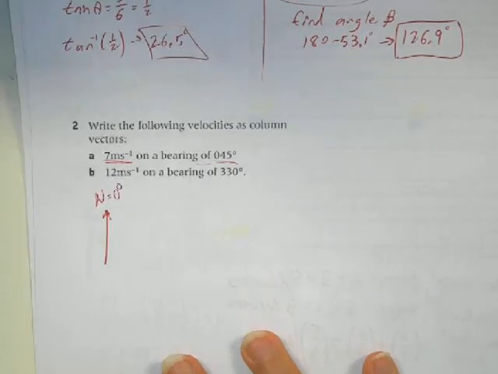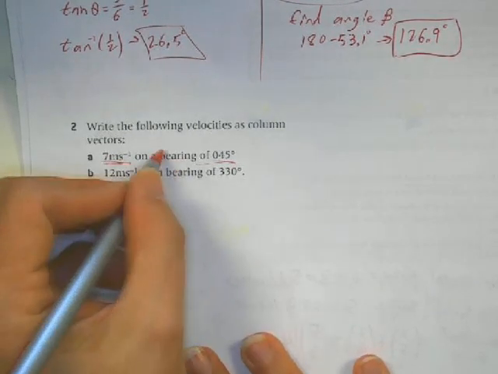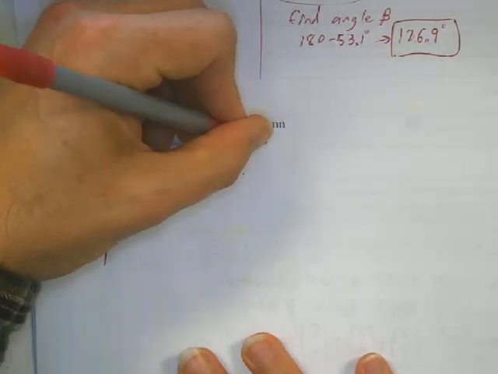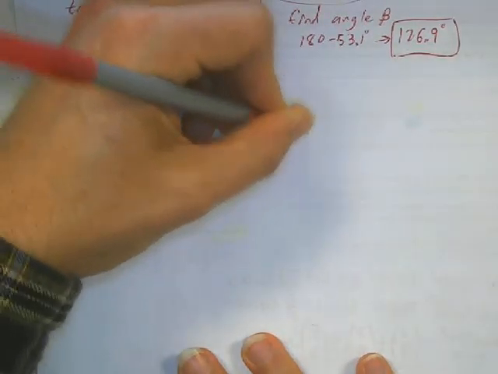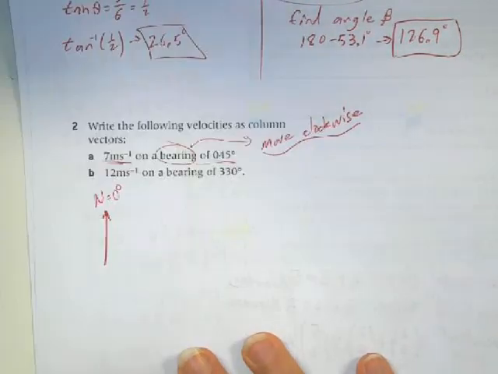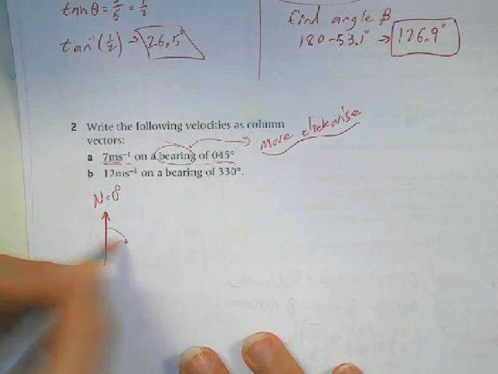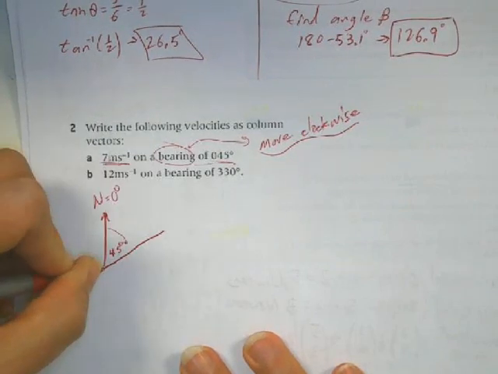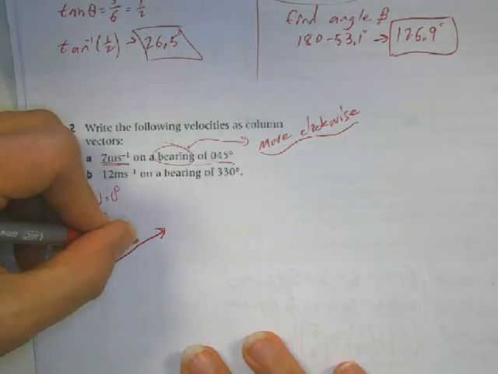Okay, if I'm going a bearing of 45, bearings go clockwise. Okay, so we need to remember that bearings move clockwise. So if I'm going a bearing of 45 degrees, I'm going to be going this way. Okay, and the length of this is 7.